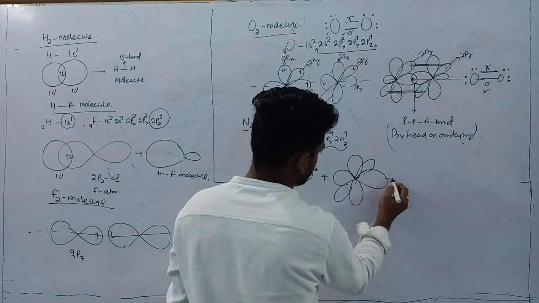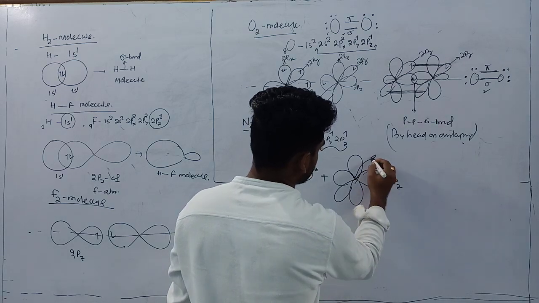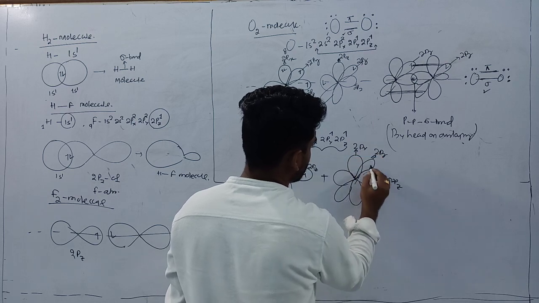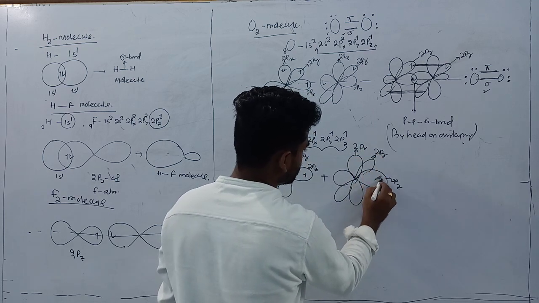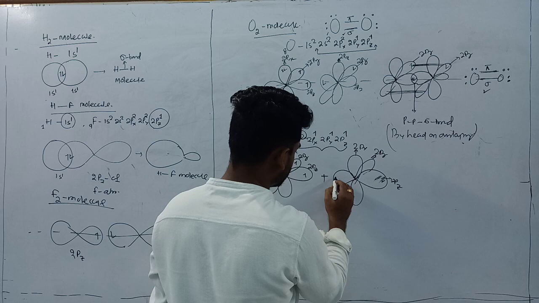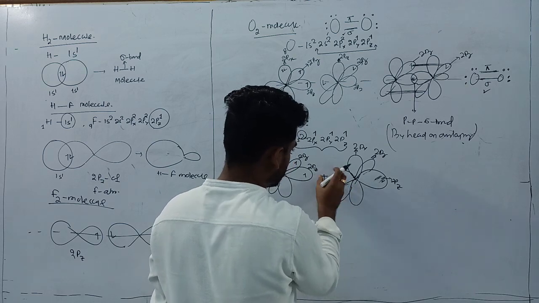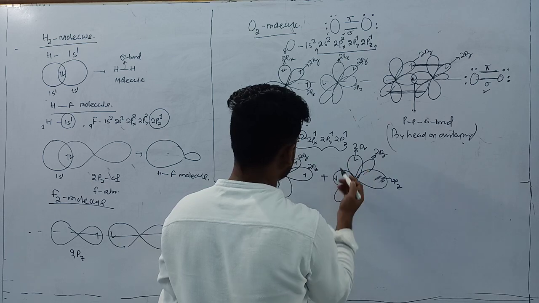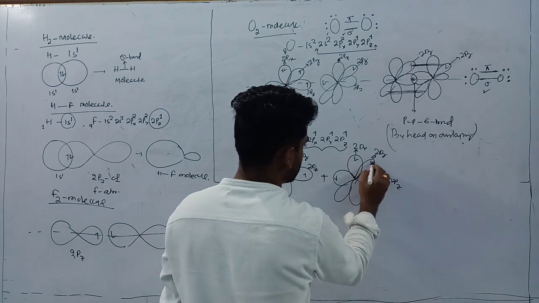Here this one is your 2pz, 2py, 2px, having unpaired electrons. And here the orientation of the electron is a little bit opposite. You can mention here also. Okay, because this one is the overlapping region. This one like this, and this one like this.